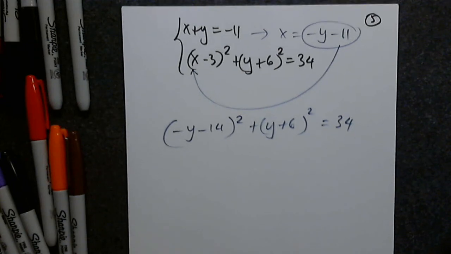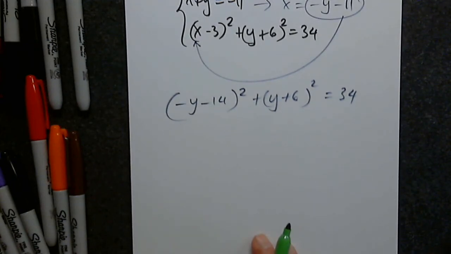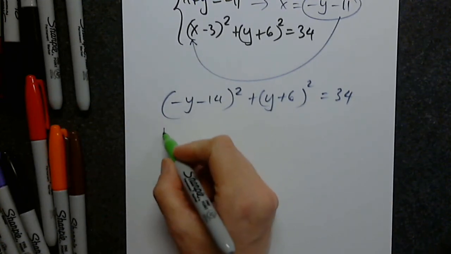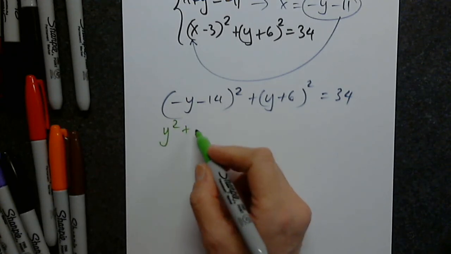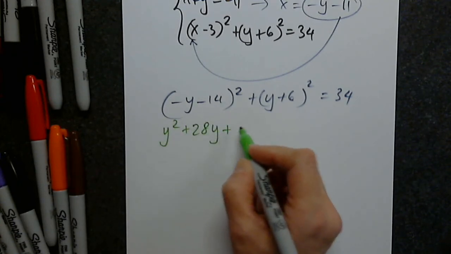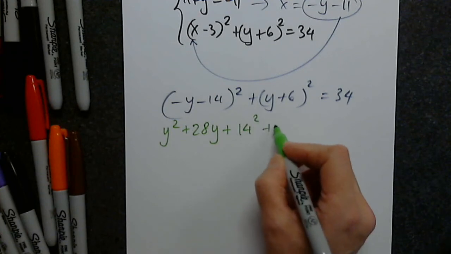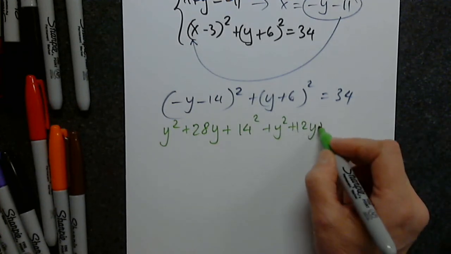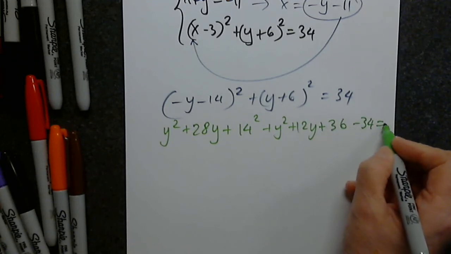So now I have to square, and I hope you're using the special product, not FOIL, but that's okay if you're foiling. I can't do anything about it. So the first term squared plus 2 times the first times the second plus the second term squared, plus the other square, plus 36 minus 34 equals 0.